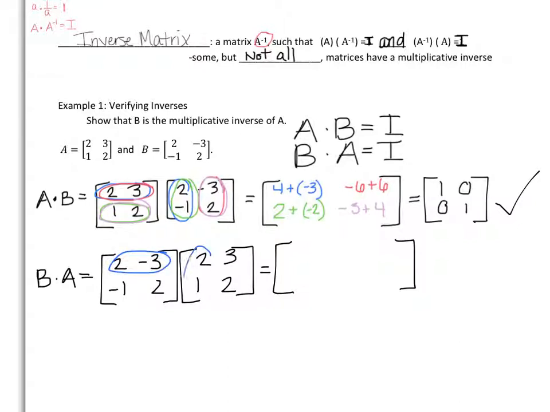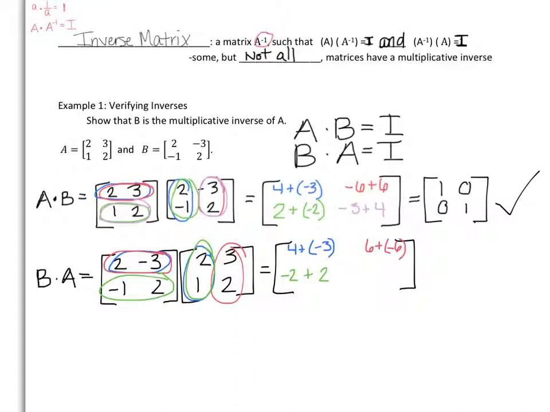First row times first column, what do you get? 4 plus -3. Hey, that was the same. Okay, what about first row and second column? 6 plus -6. Okay, gotta change my colors. Second row times first column. -2 plus 2.